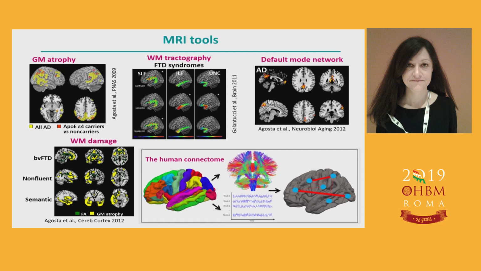So using a 1 hour scan, we can obtain images in our patients to look at different aspects associated with the disease, from the gray matter involvement to the white matter involvement to the connectivity abnormalities.